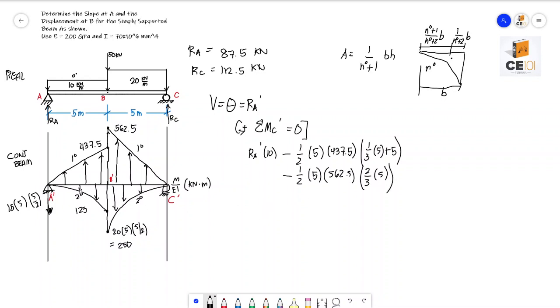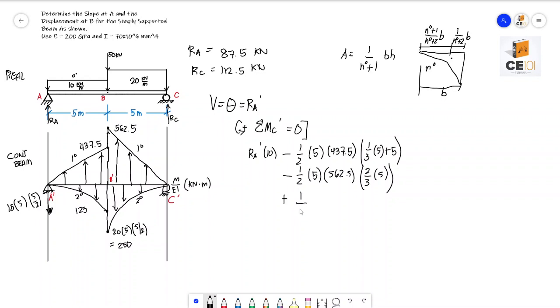Tapos next, ito naman mga curves. So 9 natin itong 125. So pa counterclockwise yung moment nasa C, so positive natin. So positive. So apply natin yung formula, 1 over n degree plus 1. So ano ba yung nth degree niya? 2 degree.